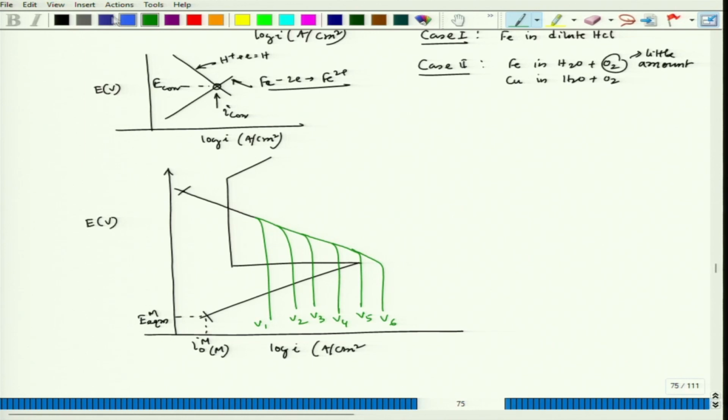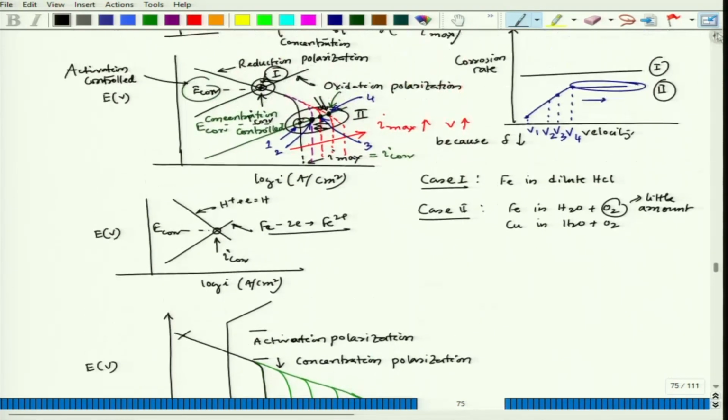So, here for example, in this first case, up to this part we have activation polarization, and from this onwards we have concentration polarization. It is same as what we have seen in this situation.